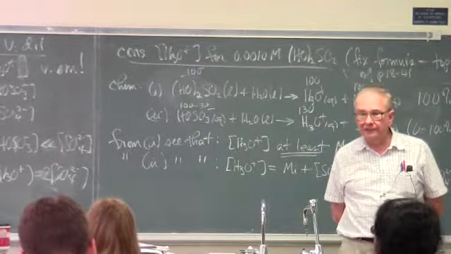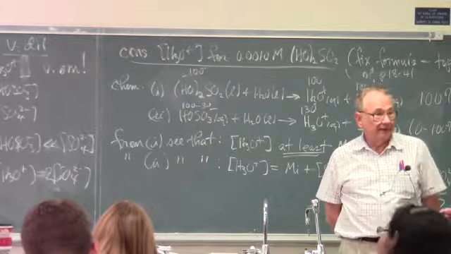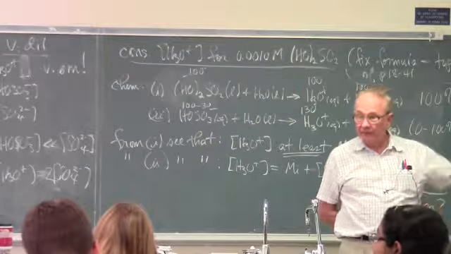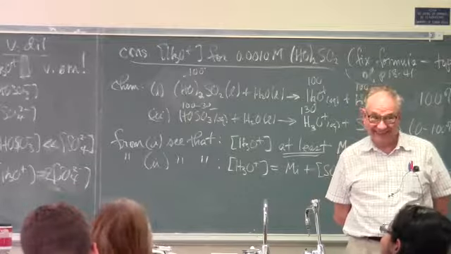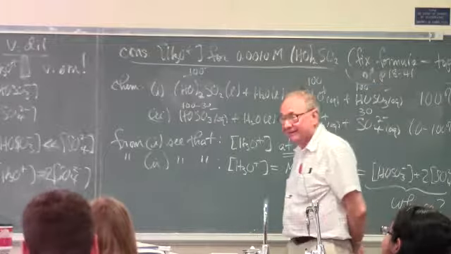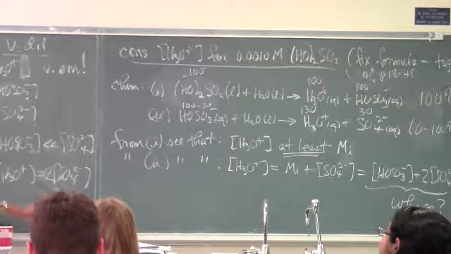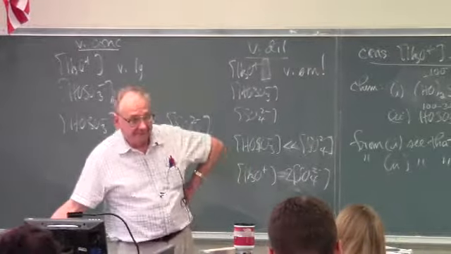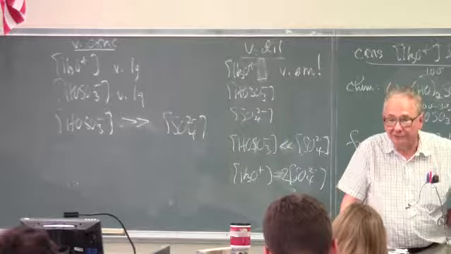I'm listening for any seconders or anti-supporters who are going to vote V-dilute. Anybody voting V-dilute? How could it be more conc in V-dilute? Yeah. Sulfate ion concentration is greater here than it is here. Okay? Wonderful. If you don't see it, do some arithmetic.